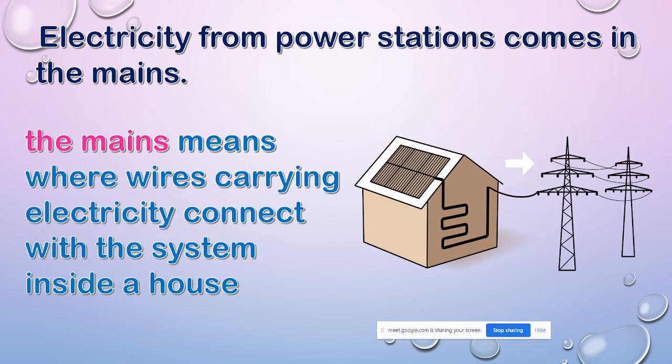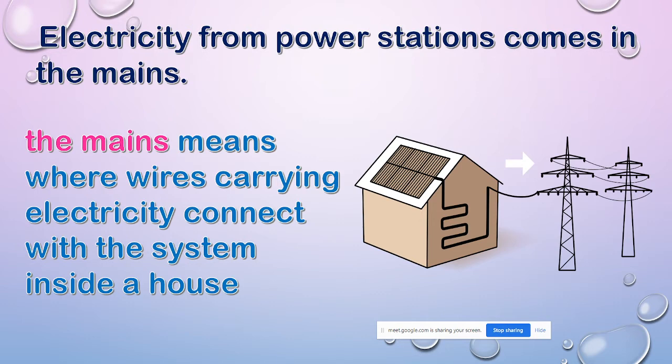A factory where people produce what? What do they make inside the power station? Electricity. Yes, it is a factory which produces electricity. Now, electricity from the power stations comes in the mains.